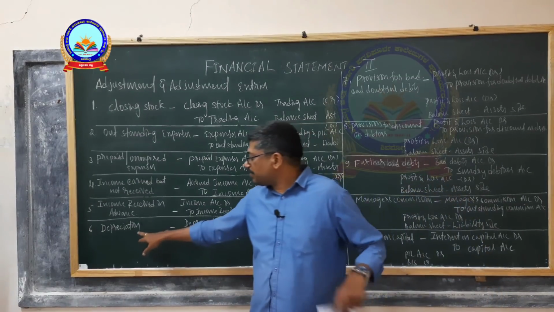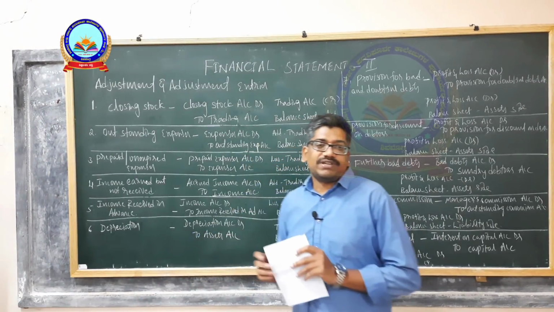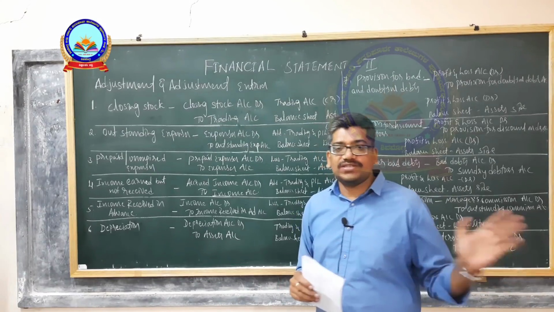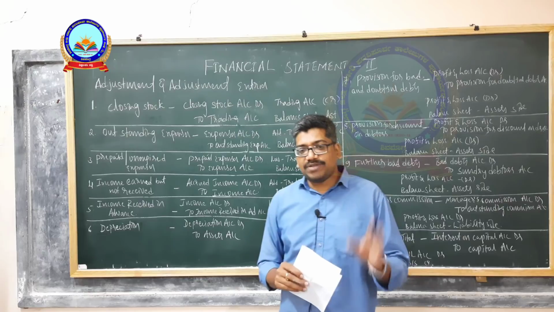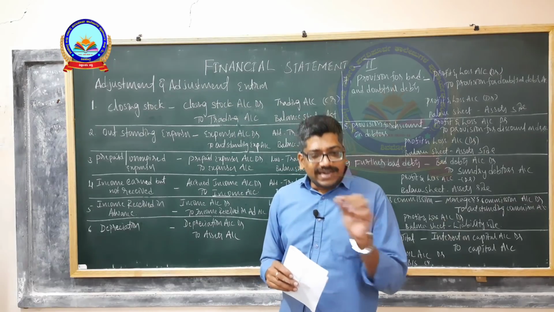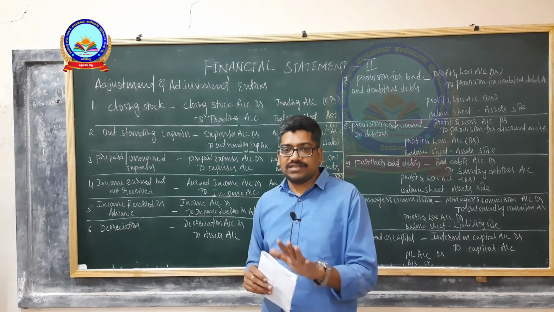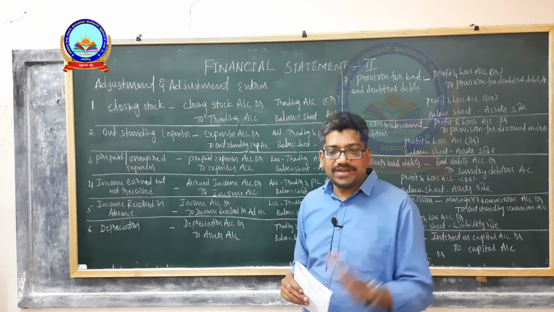Next, the very prominent item is depreciation. In subsequent classes you will learn a separate chapter called depreciation. I will explain it in very simple words. Depreciation means the gradual or slow decrease in the value of fixed assets. Almost all the fixed assets except land are depreciable assets.